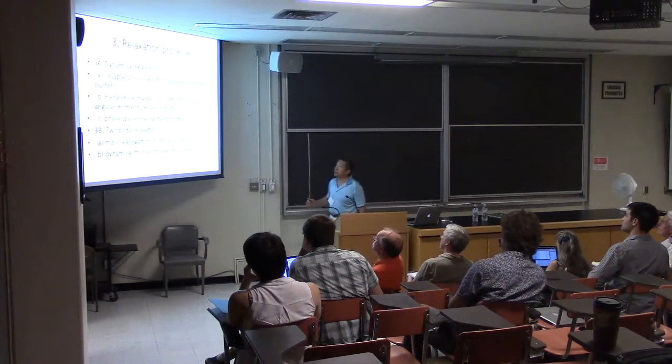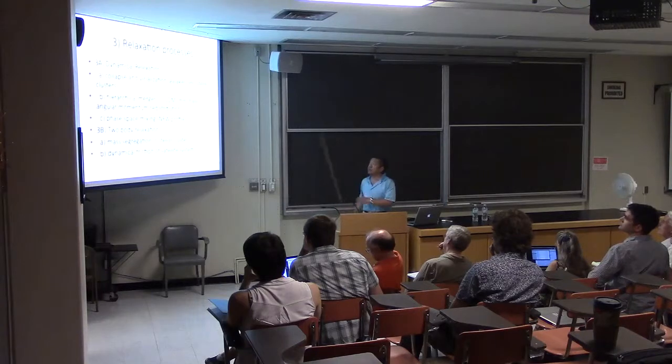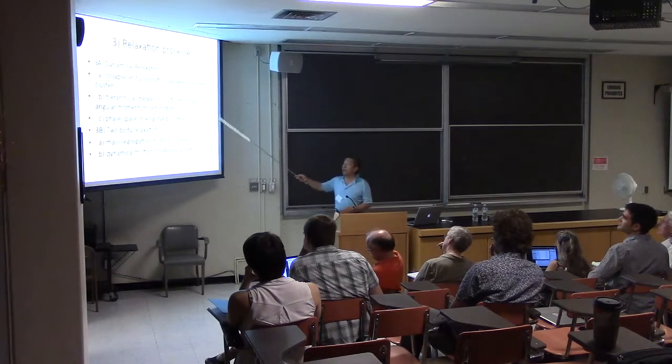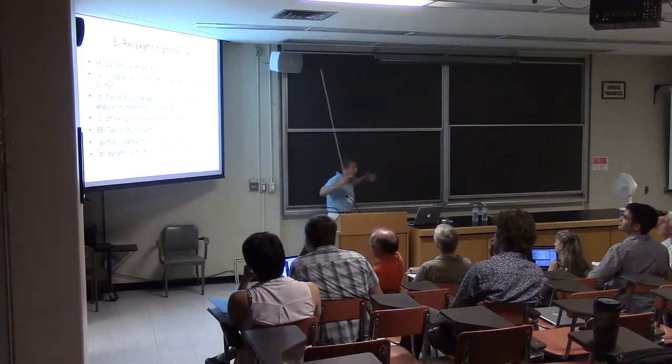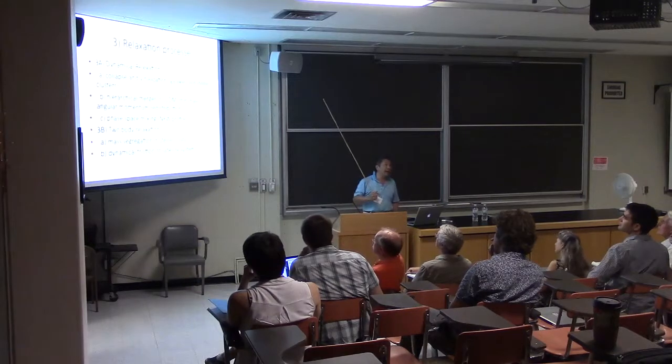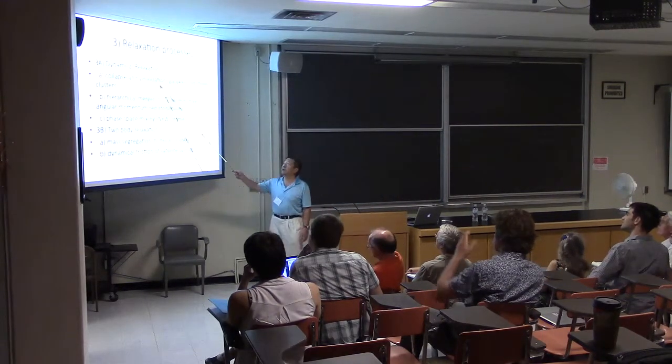Okay, so now I want to look a little bit more on slightly longer term and try to use this type of result to look at things like dynamical relaxation and two-body relaxation. Now, dynamical relaxation is a process associated with the time scale of one dynamical time scale.